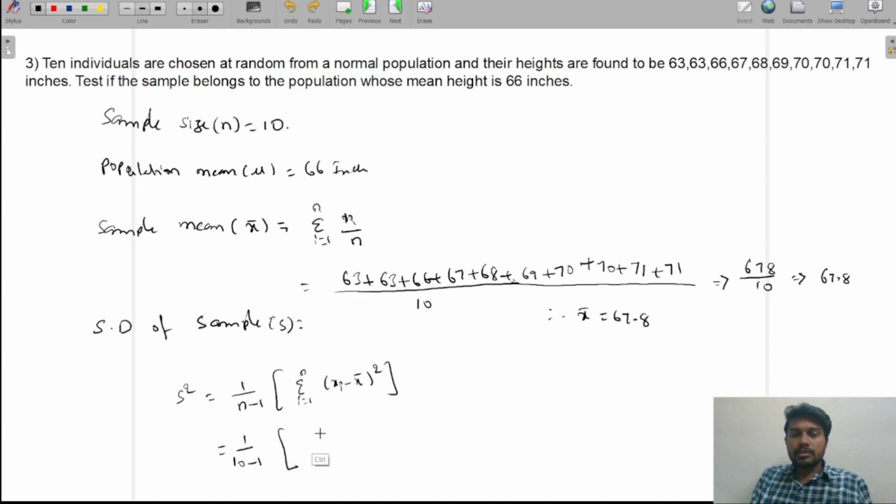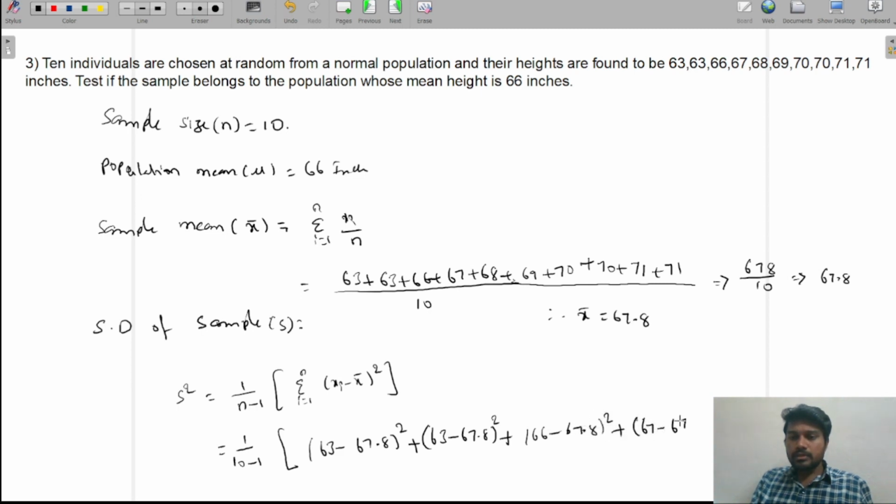So we get 63 minus 67.8 whole square, plus 63 minus 67.8 whole square, plus 66 minus 67.8 whole square, plus 67 minus 67.8 whole square, plus 68 minus 67.8 whole square, plus 69 minus 67.8 whole square, and so on, up to the last term, 71 minus 67.8 whole square.